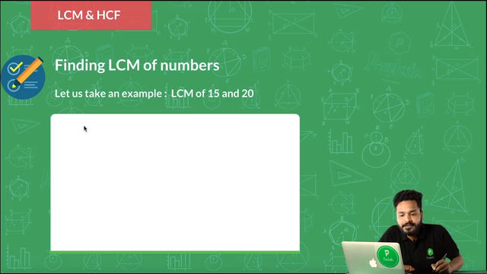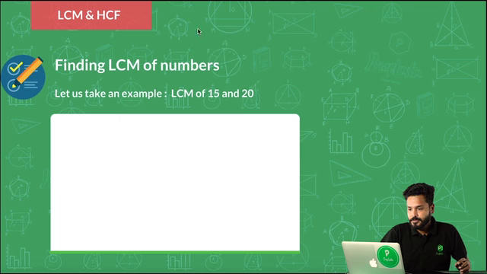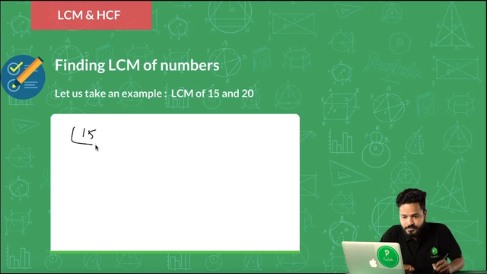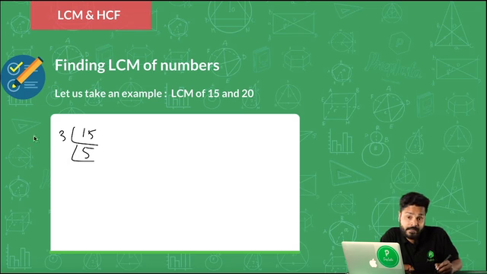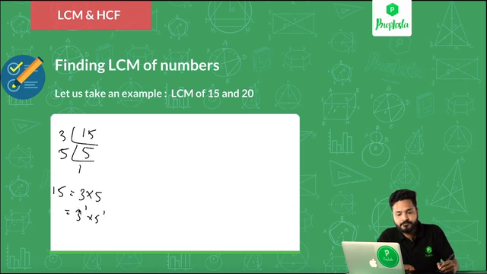First we'll find the prime factors of 15 and 20. 15: I can't divide it with the first prime number, which is 2, so I'll start with 3. When I divide it with 3, I get 5. Again, I can't divide 5 with 3, so I'll move to the next prime number, which is 5. So I get 1. Which means 15 is nothing but 3 times 5, or I can say 3 power 1 into 5 power 1.